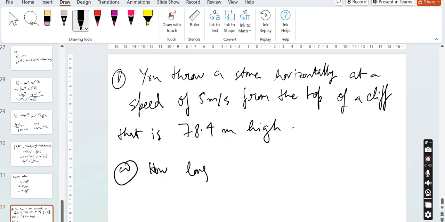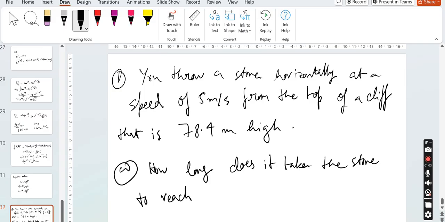How long does it take the stone to reach the bottom of the cliff?